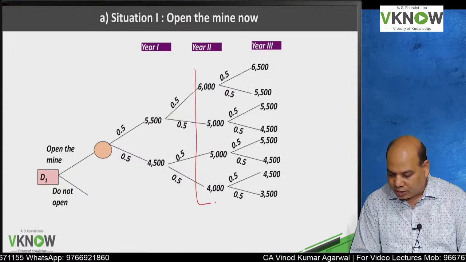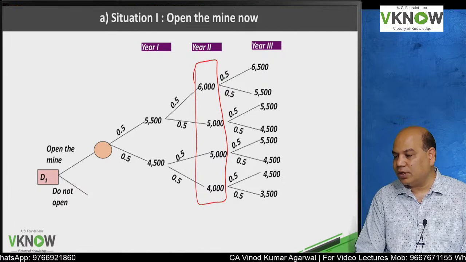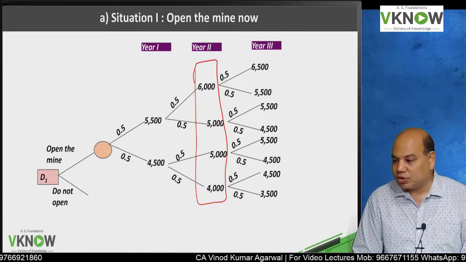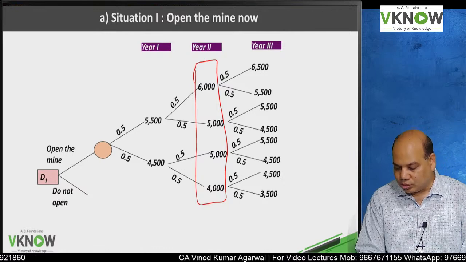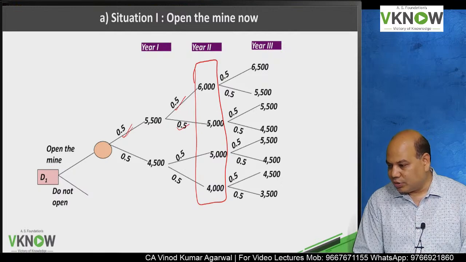Individually the probability of each of them will be 0.25. There are 4 possibilities in year 2, or you can simply take the joint probability and get 0.25.